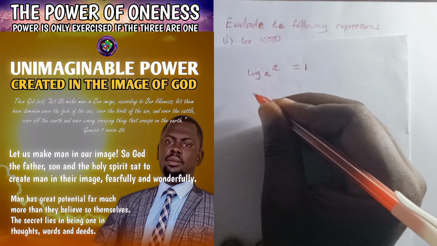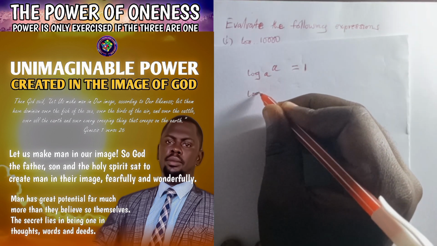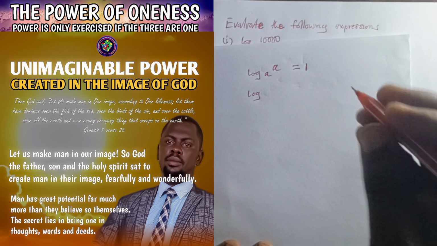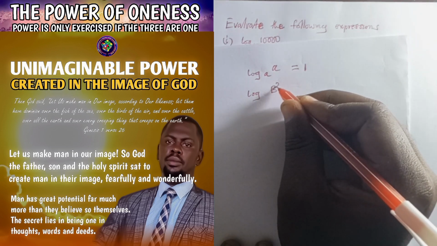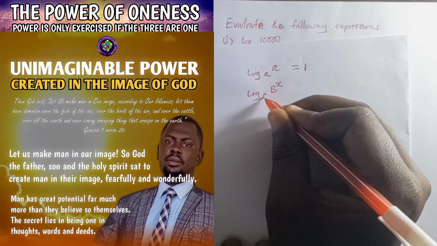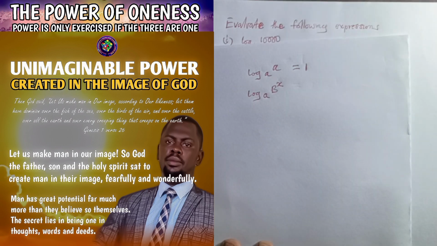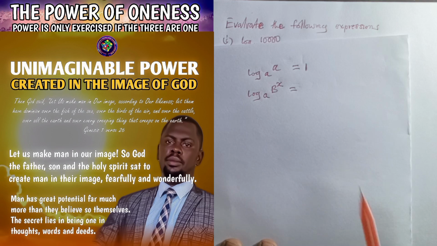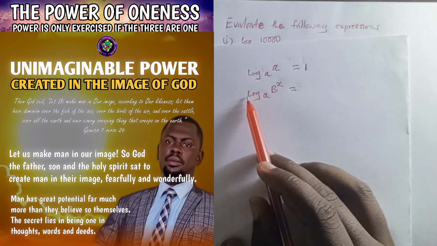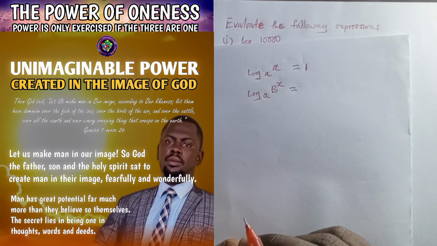Then the other law is when you have log of b to the power x, base a. Now what you do is this power can come down there.